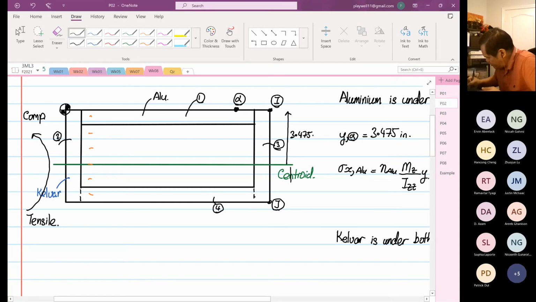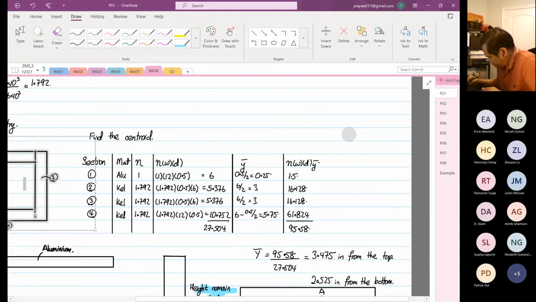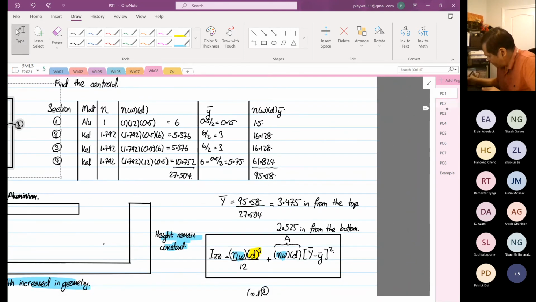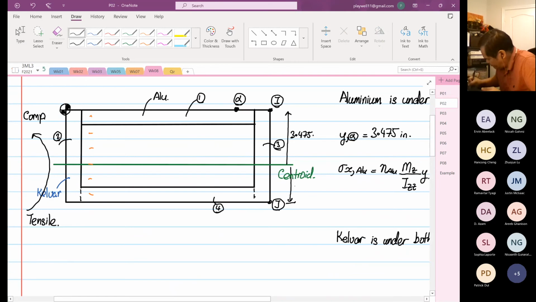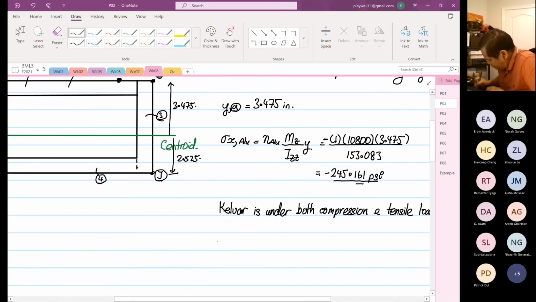Okay, so over here, from here to here, we know that the distance we calculated earlier was 2.525. Right, 2.525. So we know the compression will be highest. For this stage, we know the compression, so we calculate the maximum, or we declare the highest stress, or maximum.